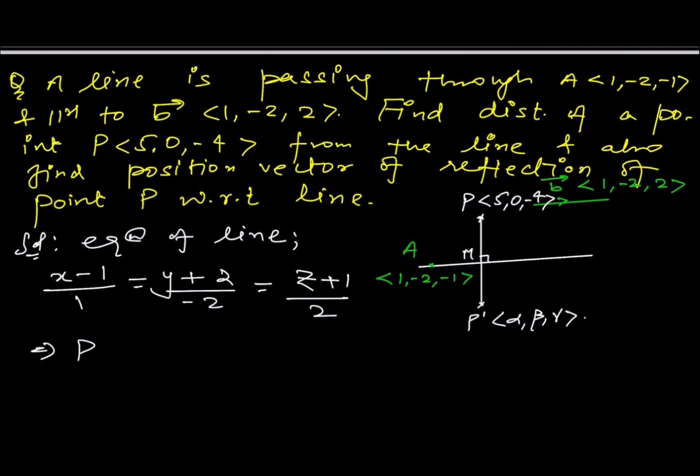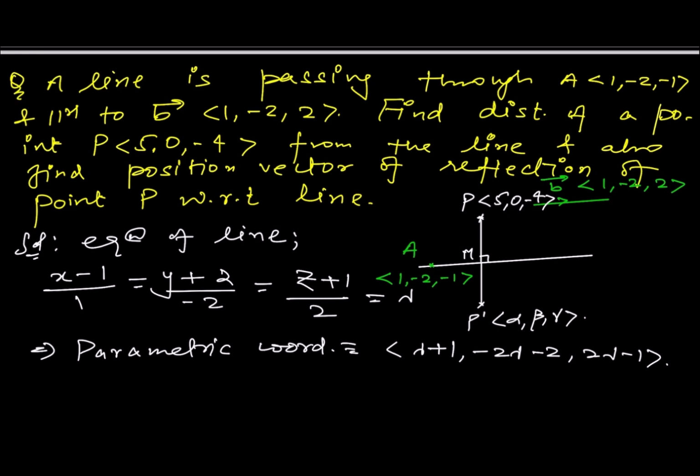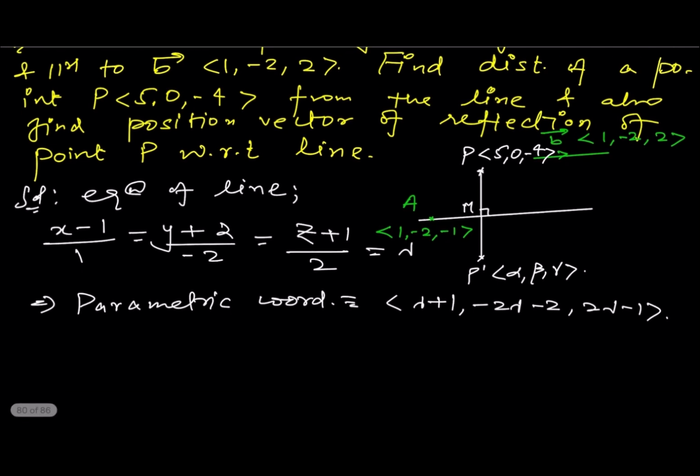From here I can write parametric coordinates. If I take this whole as lambda, x will be lambda plus 1, minus 2 lambda minus 2, and 2 lambda minus 1, right?